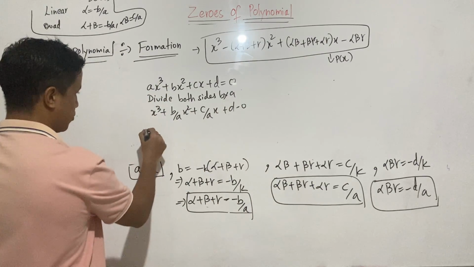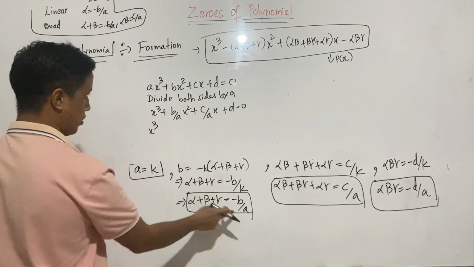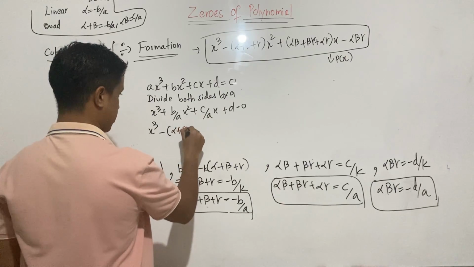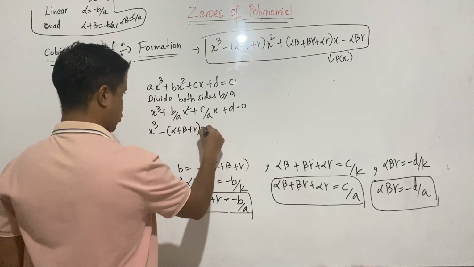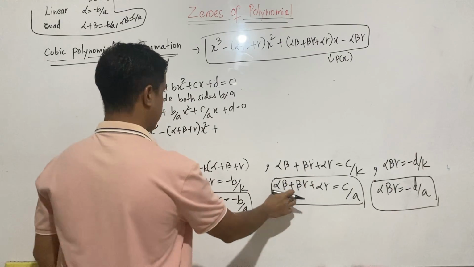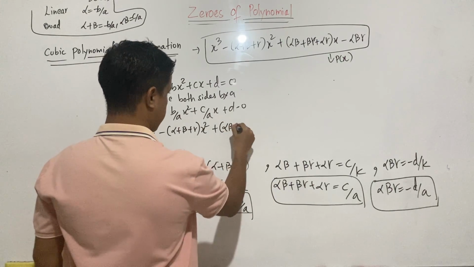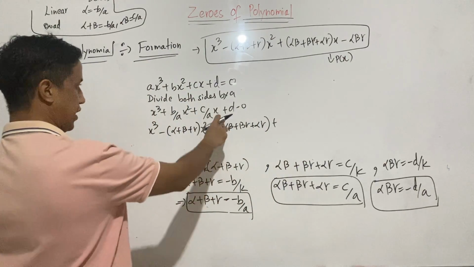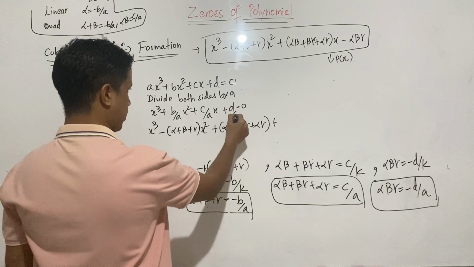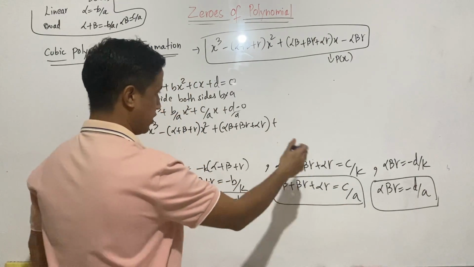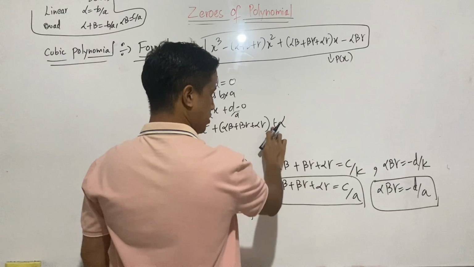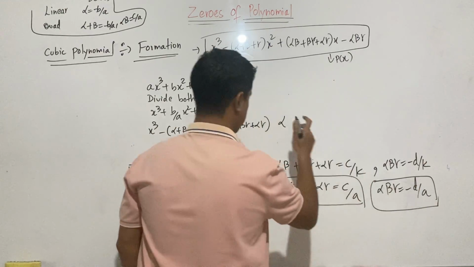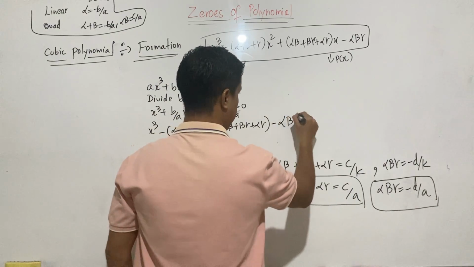So it will be x cubed, b by a means minus alpha plus beta plus gamma x squared plus c by a, this one, alpha beta plus beta gamma plus alpha gamma, and here d by a is minus of alpha beta gamma.